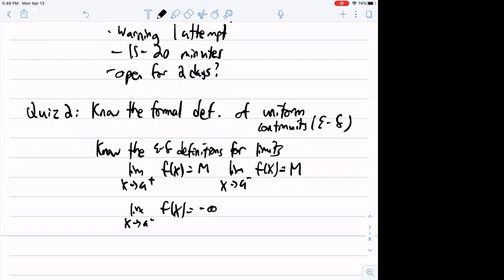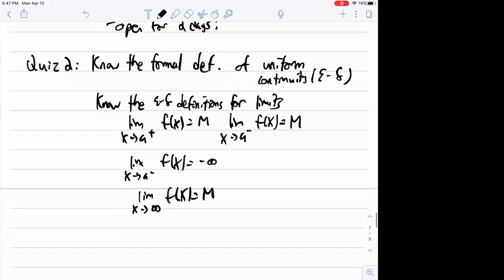So you have to know the epsilon delta definitions for x goes to a number and infinite values. And then maybe also limit x goes to infinity. What does this mean? So know the epsilon delta definitions for these.